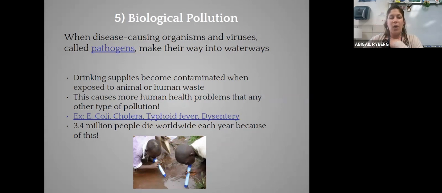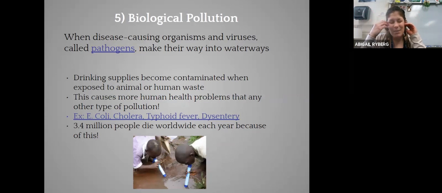Drinking supplies become contaminated when exposed to animal or human waste. So once water has been introduced to this bacteria or virus, it becomes a major health problem.